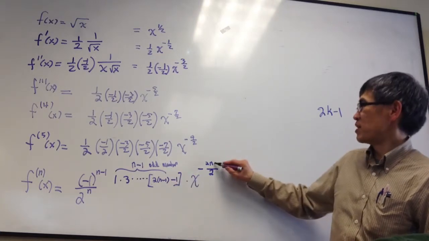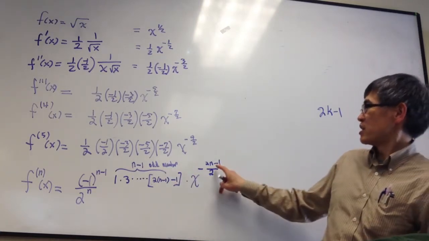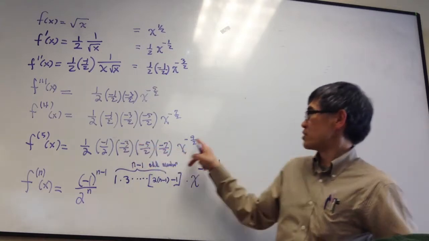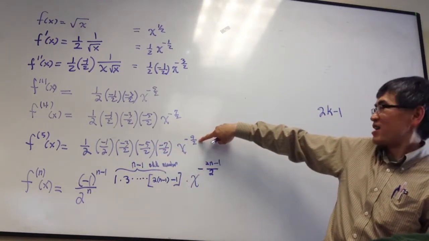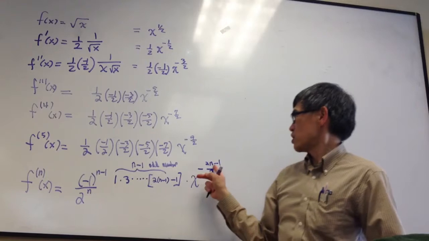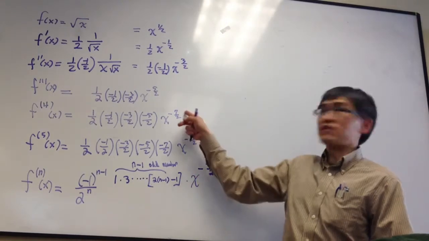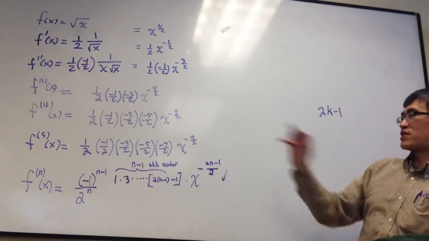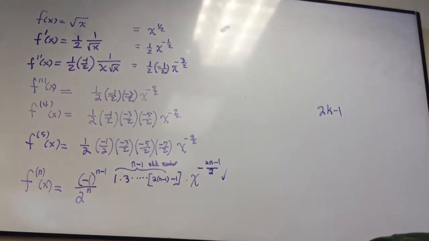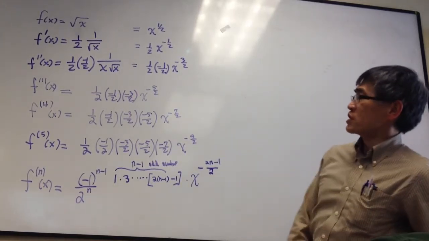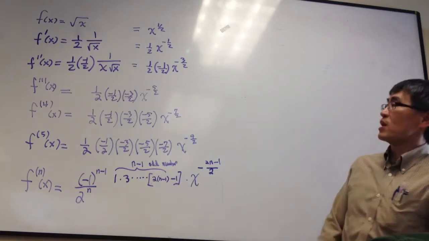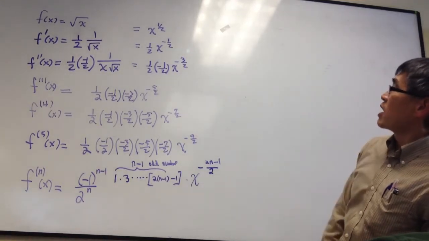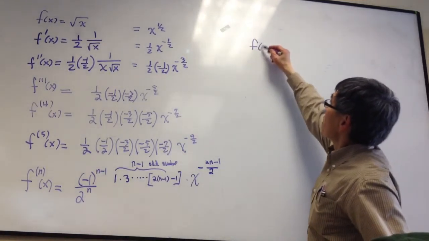Alright, so that would be minus 1. Double check. If n were 5, then you get 9. If n were 4, 2 times 4 minus 7. That's right. Okay, so this is correct. Now, fortunately, we can see a pattern. So this is the pattern, and then we want to evaluate at 16.